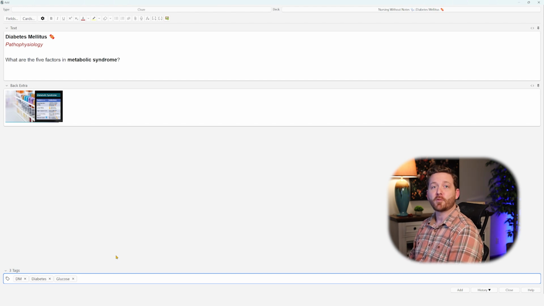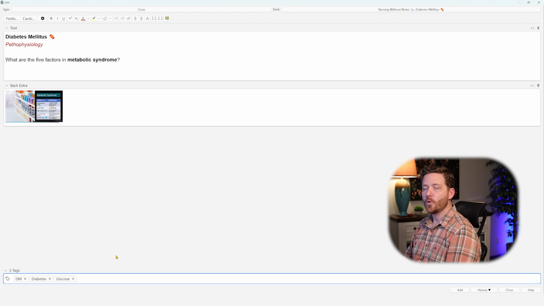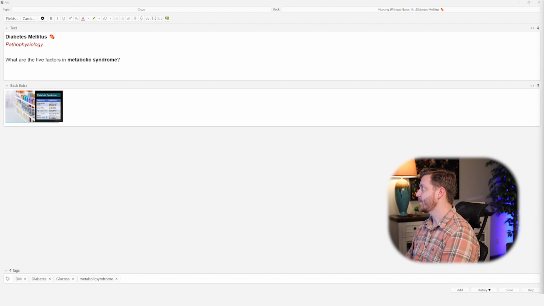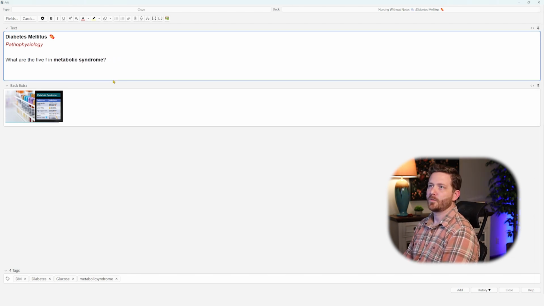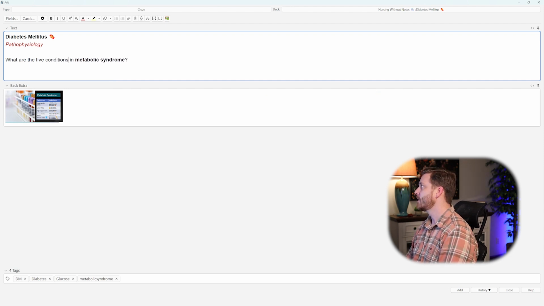And so if we ever want to make a deck or a custom study deck over just metabolic syndrome, we'll be able to search that in our tags. Metabolic syndrome. I'm going to paste in our 5 factors. Actually, what are the 5 conditions in metabolic syndrome?